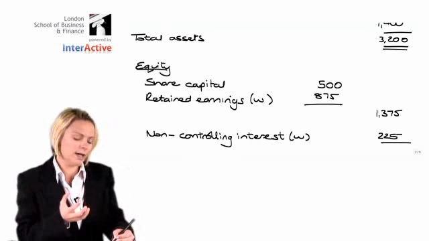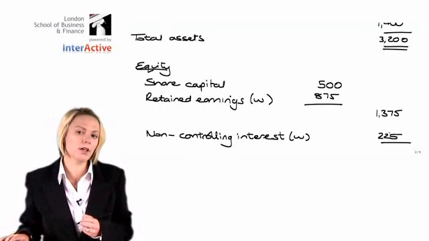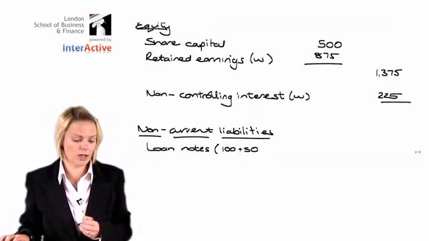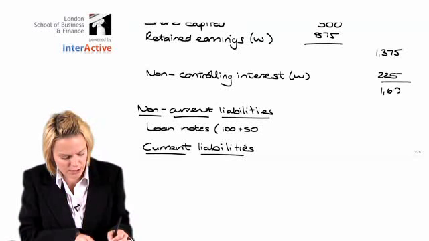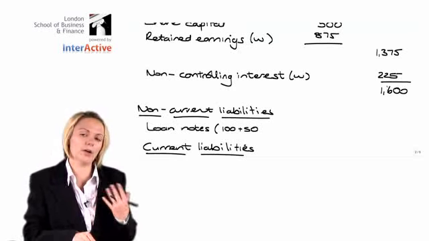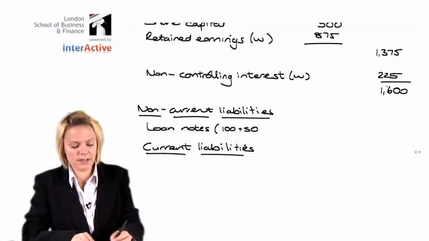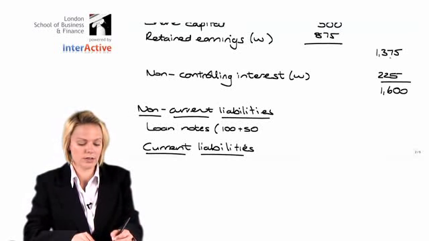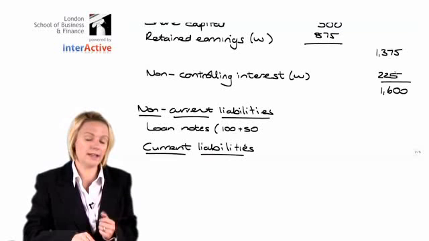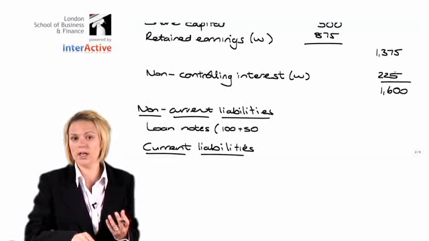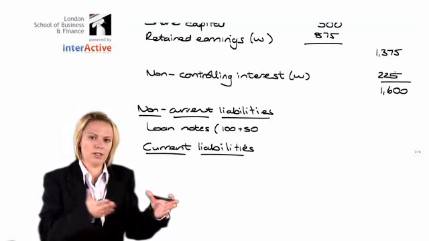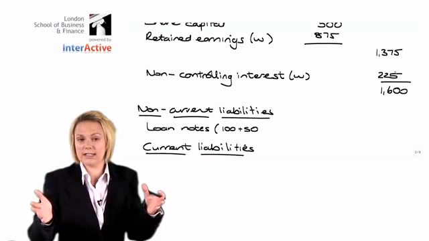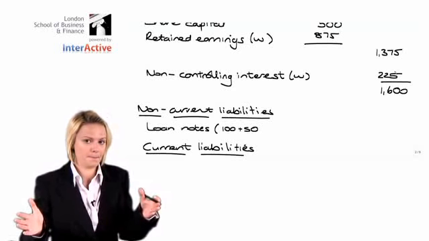And then if we add the other 25% in the sub, which is the NCI, group equity would be 1,600. Okay, so equity for the group: 75% of the sub in parent, and then 25% in the sub for the NCI. So we're just splitting out the ownership between the parent shareholders and the shareholders of the NCI in the subsidiary.